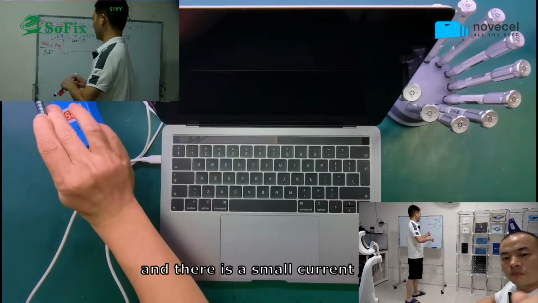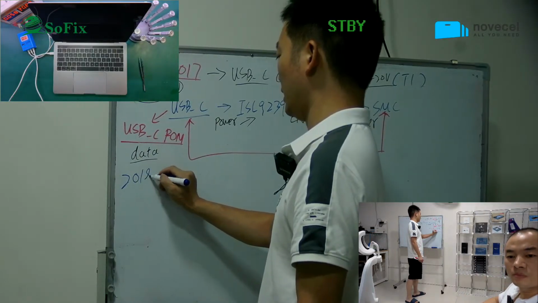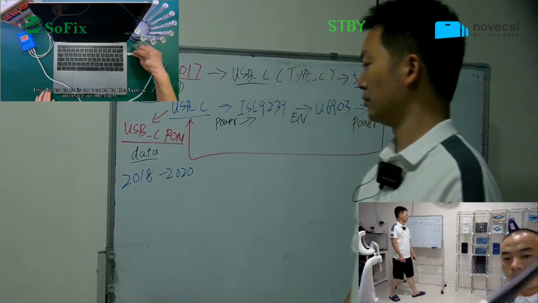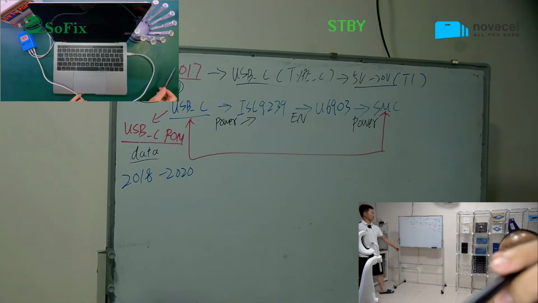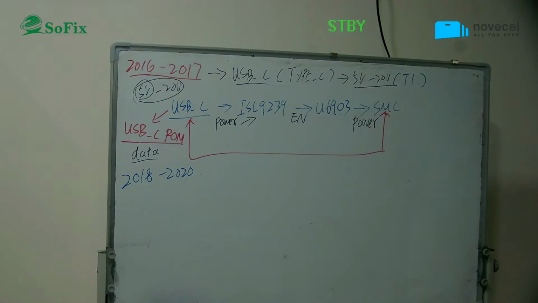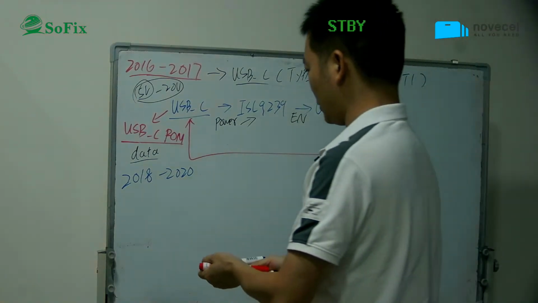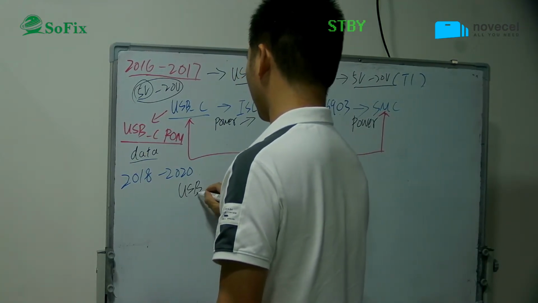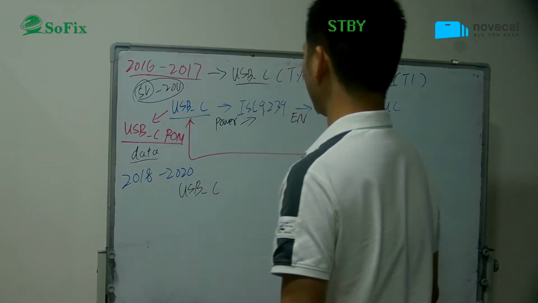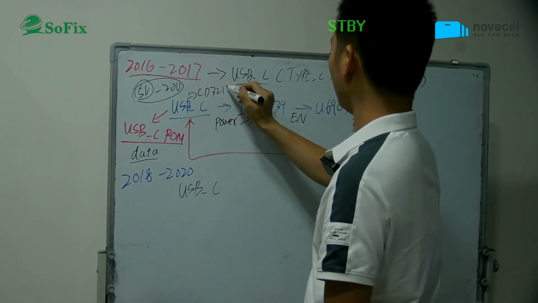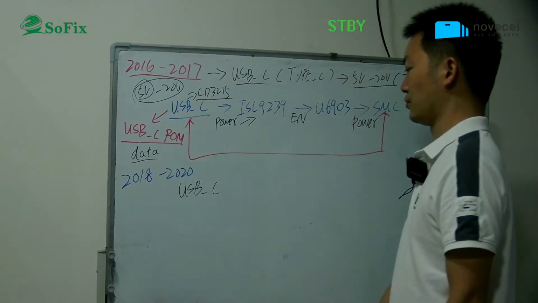So now I tell you about the T2, 2018 to 2020. About the T2 model, the 5 volt goes to 20 volt at the socket. Also, T2 uses the USB-C chip. For this model, it uses the CD3215.